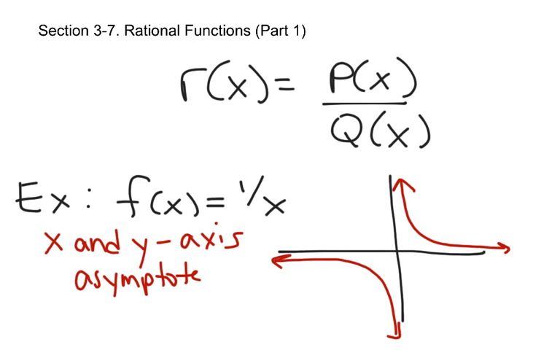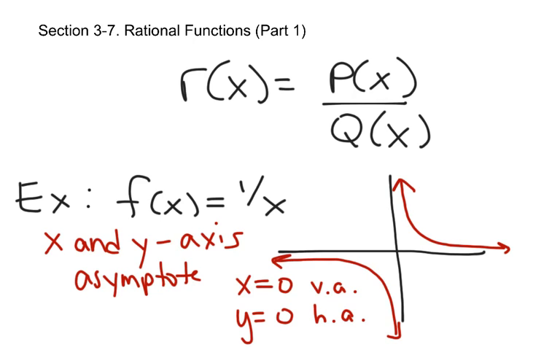Although we're going to find out later on that sometimes part of a graph may cross the horizontal asymptote, it will never cross a vertical asymptote. So x equals 0 is the vertical asymptote, which I abbreviate VA, and y equals 0 is a horizontal asymptote, which I abbreviate HA.